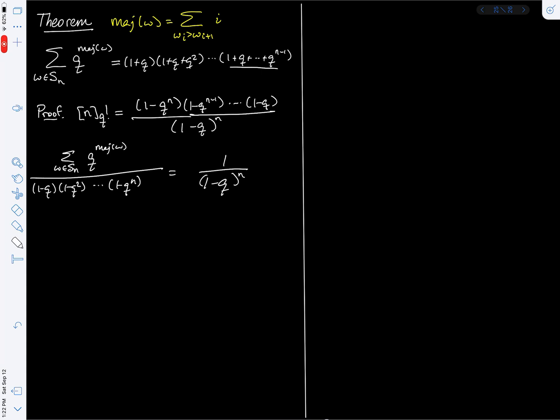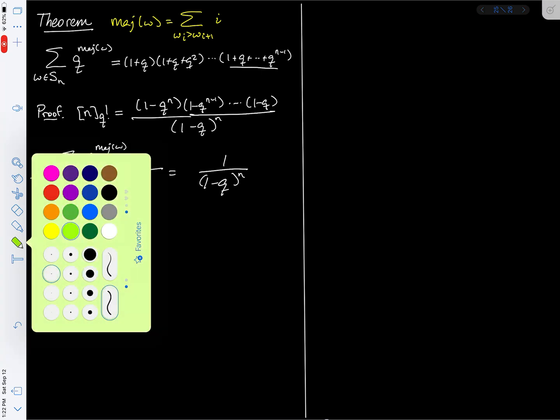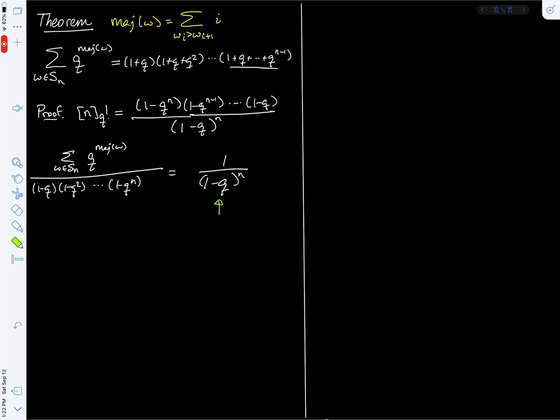And now again, we're going to interpret these guys combinatorially, so let's maybe make notes of that. Over here, this is just the composition generating function, right? So this is compositions into n parts. So this is sequences in bold N to the n, where bold N means the non-negative integers.